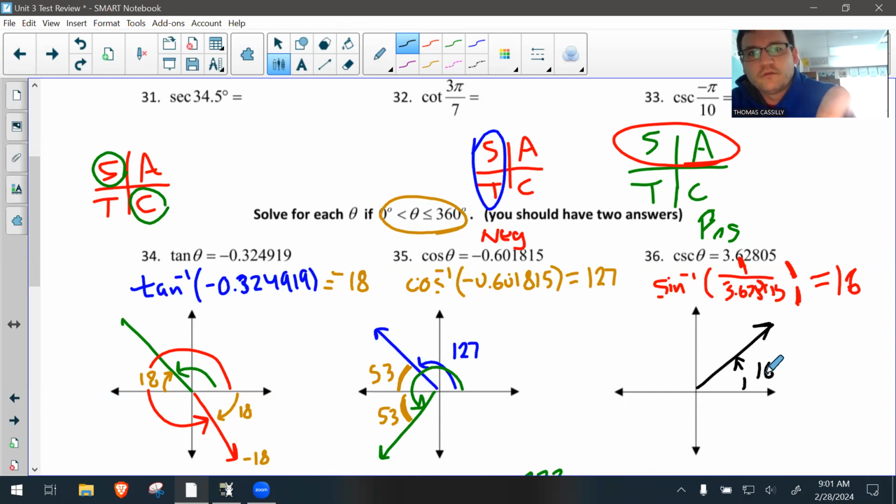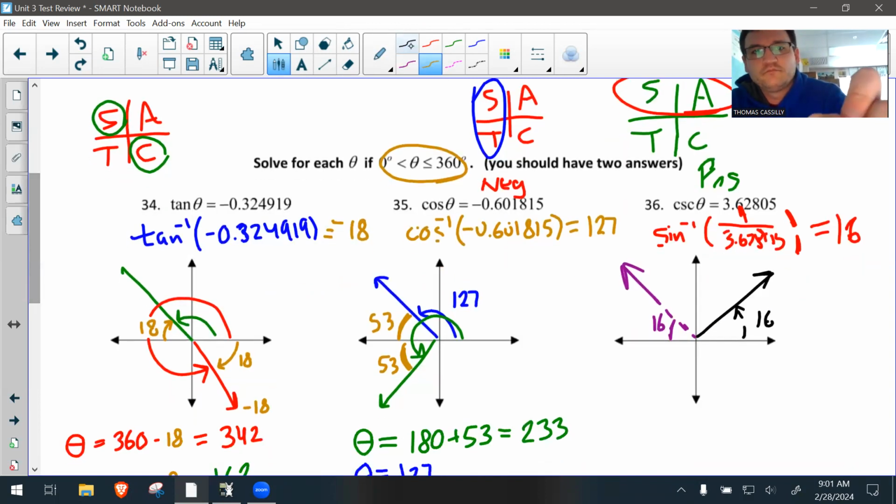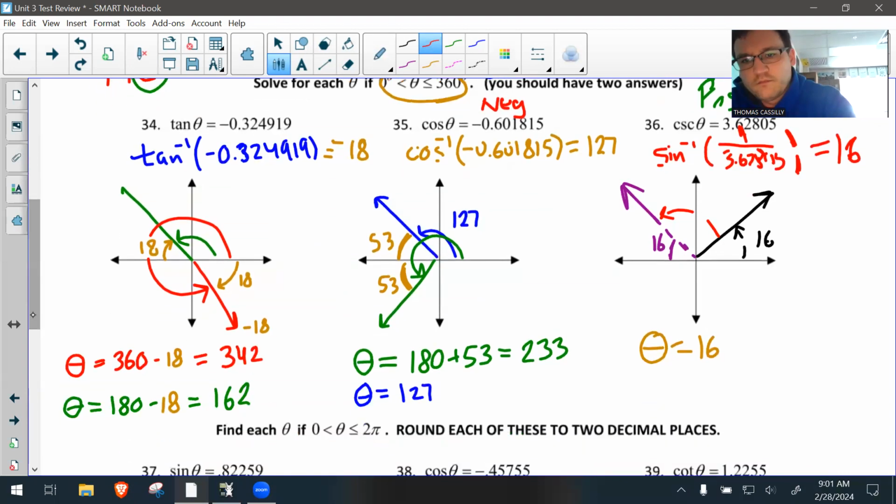We know the other answer. We need to find our two values of theta. The first one equals 16. The second one is 180 minus 16, which gives us 164.